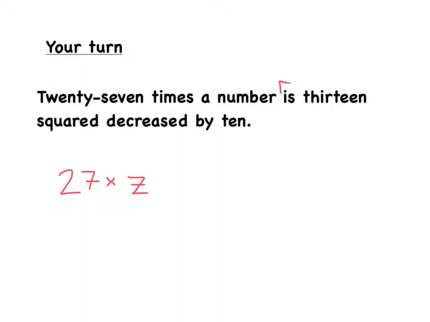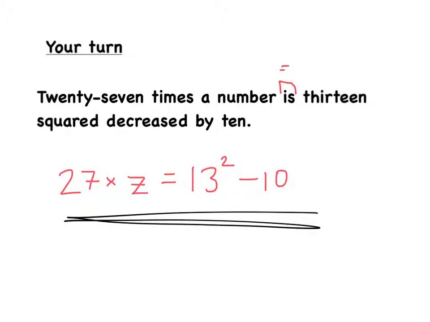We have is, remember is equal to, it's equal to 13 squared decreased by 10. So we have 13, and we square it. When we're talking about decreasing, that means that we are subtracting, so we subtract 10. And this is our final answer.